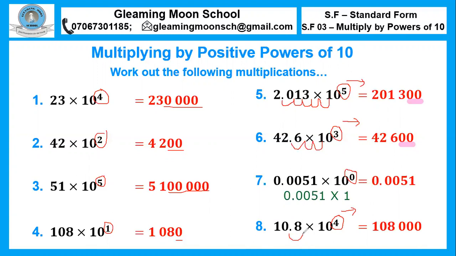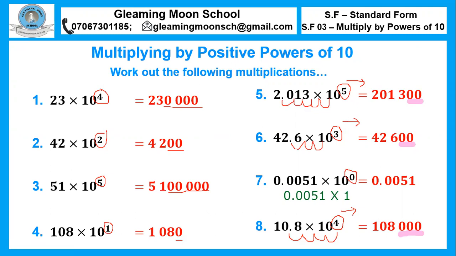So you go 1, 2, 3, and 4. So you have 3 places to hold. For those 3 places you need to hold, you add 3 zeros. So you write your 108 and 3 zeros, and that gives you 108,000.